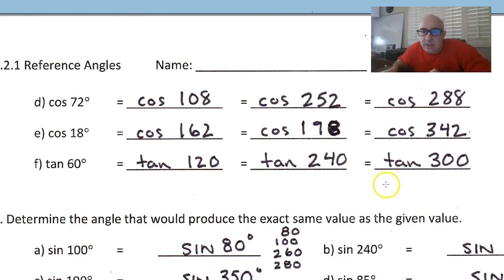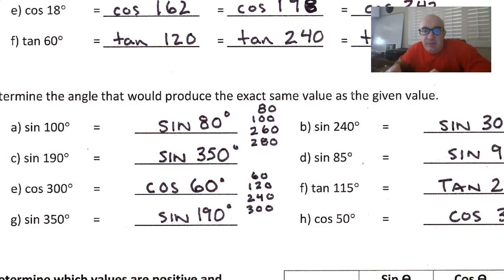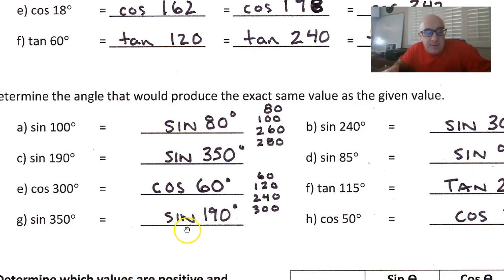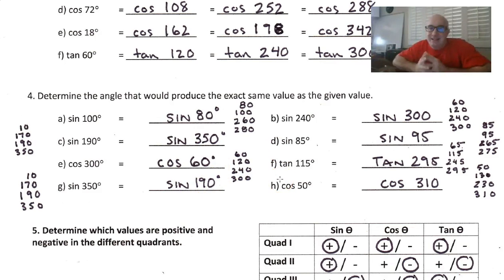Now, in the next question, we still want you to find a reference, or not a reference angle. We want you to find an angle that will produce the exact same answer as the one that's given. Now, to do that, you need to find the reference angle, and that reference angle will unlock all four of the angles.